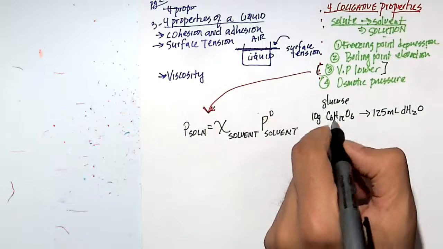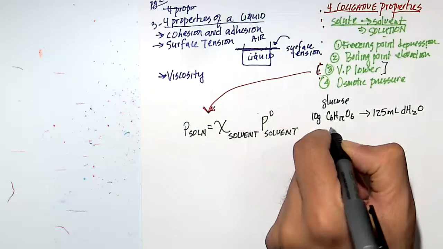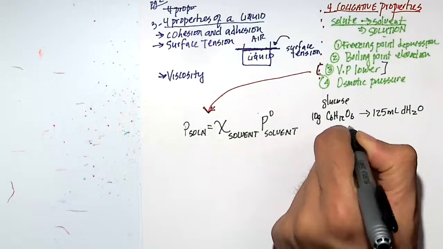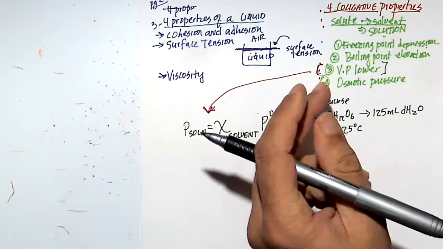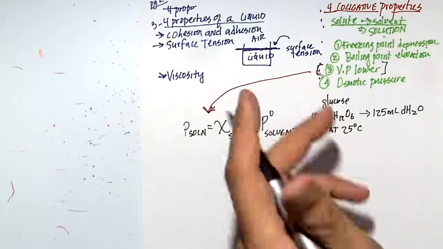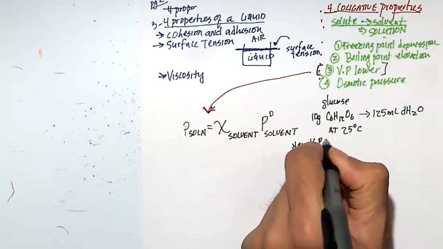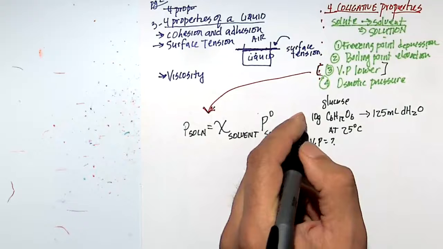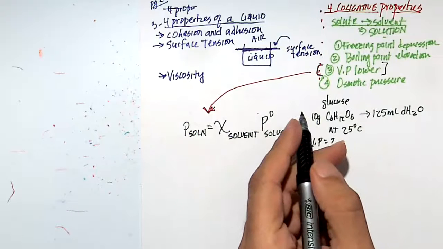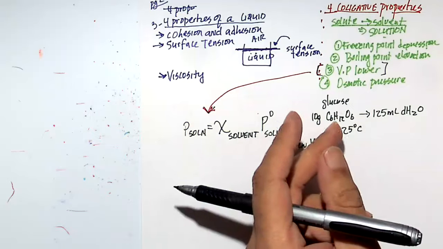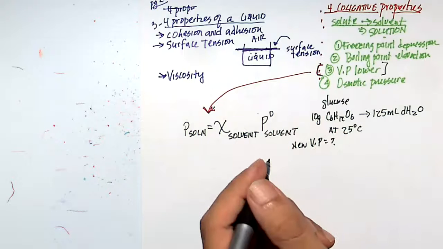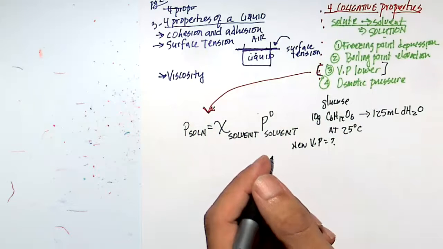Obviously vapor pressure is quoted at a specific temperature, so we'll make this room temperature, 25 degrees. Again, I'm just throwing some numbers at you. A typical problem would be, what is the new vapor pressure of this glucose water solution, which is solute plus solvent? Do we know how to solve this problem?